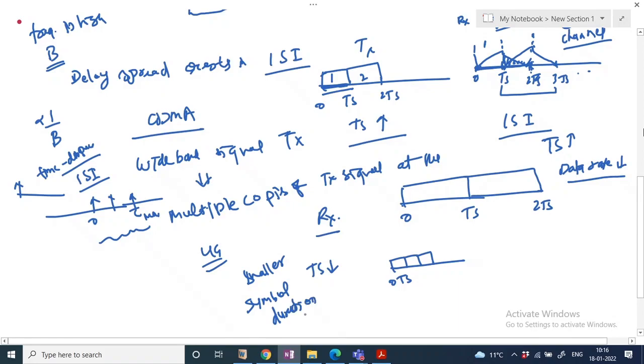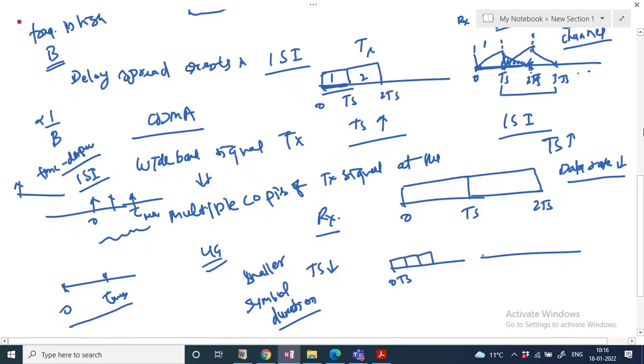Okay, so this is smaller symbol duration. Then what will happen? The channel is a physical quantity, so we cannot control the channel, like the number of paths in the channel or the delay spread of the channel. That is tau max, 0 to tau max. That depends on the physical environment.